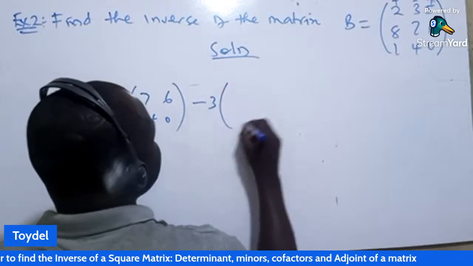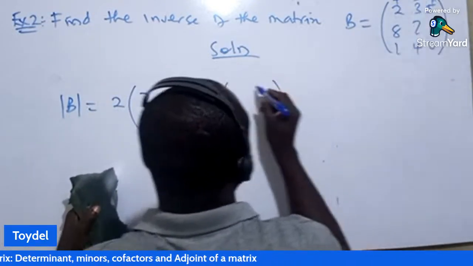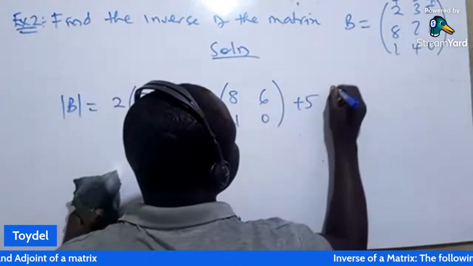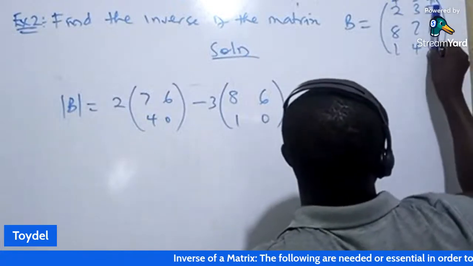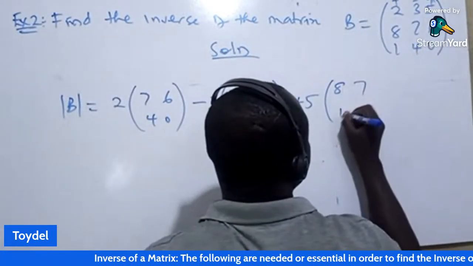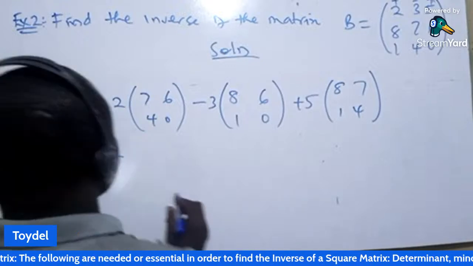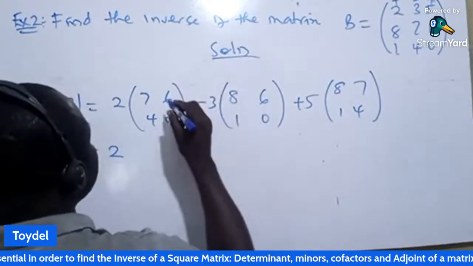Then minus 3 into brackets. When we cover this and this, we are going to have 8, 6, 1, 0. Then plus 5, that's along the first row and third column. We have 8, 7, 1, 4 left. So this is equal to 2. Then what we do here is that we use the leading diagonal, we multiply the leading diagonal minus the other diagonal.